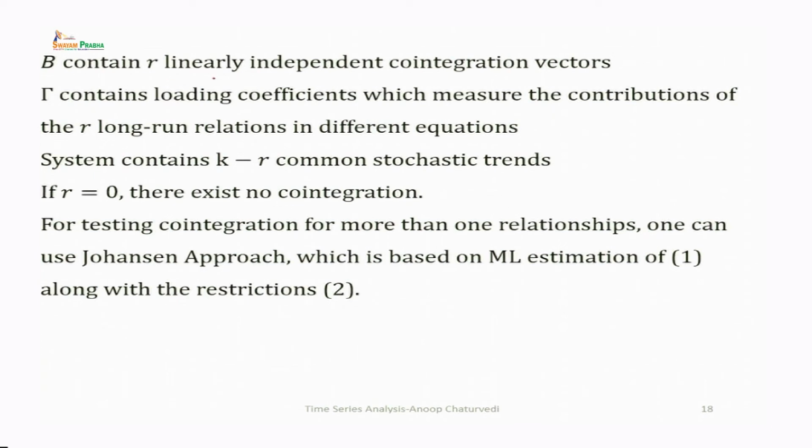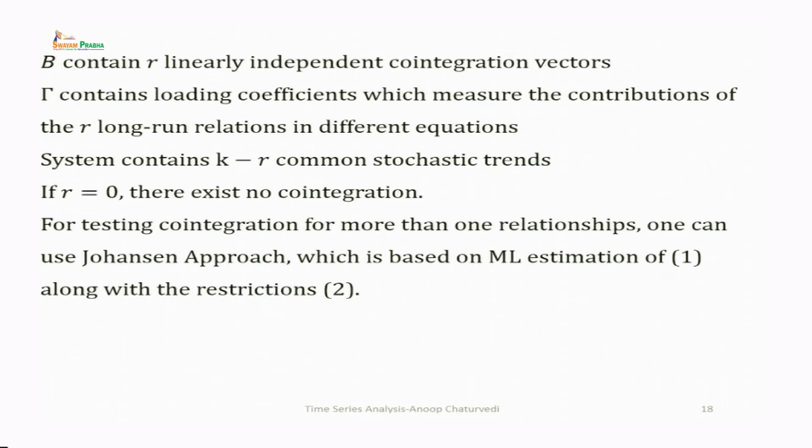So, B contains all linearly independent cointegrating vectors, gamma contains loading coefficients which measure the contributions of the r long run relations in different equations. So, it is just like the principal component analysis in multivariate. Then the system contains k minus r common stochastic trends.